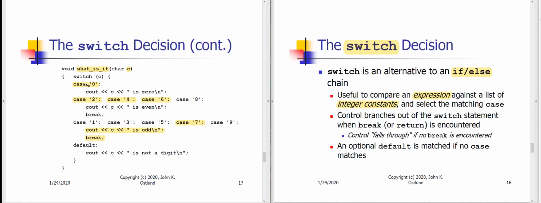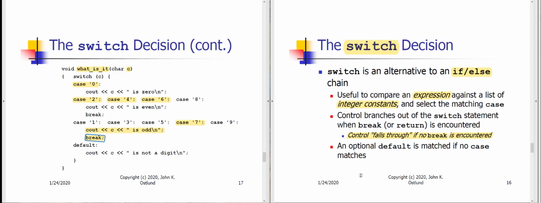So, in other words, a case label specifies where to start executing statements. A break statement, on the other hand, specifies where to stop executing statements and break out of the switch to whatever follows the switch. If there is no break, then control falls through to the next statements.